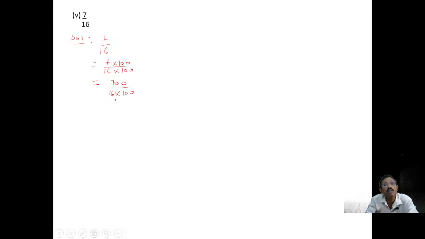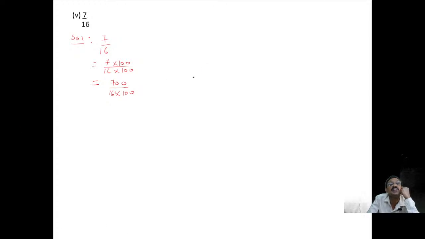Now you divide this 700 by 16. Only divide this particular part, because we want 100.